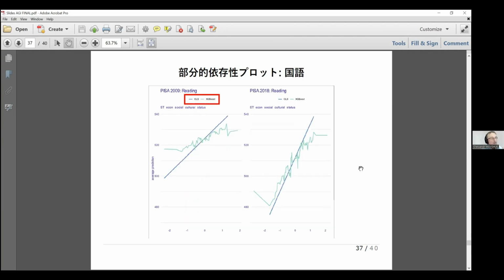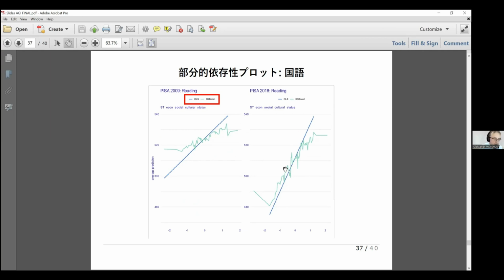But if you look, for example, at the final one for reading, then again, it used to be something like between 515 and 530, and much wider 9 years later.